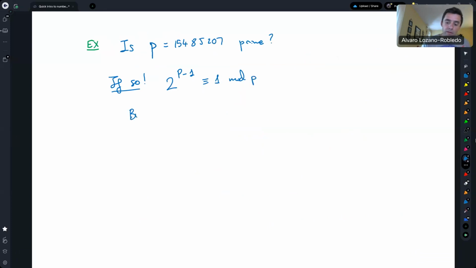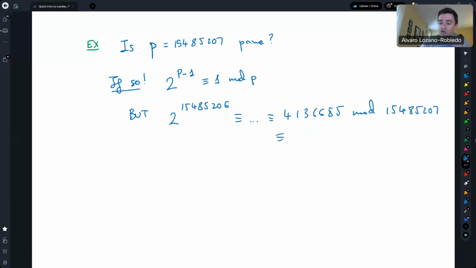But it turns out that you can compute that 2 to the 154852006 is, with the fast powering algorithm, congruent to 4136685 modulo this number 154852007, which is not 1. So this number p is actually not prime. So that is not a prime. Great. Very good.